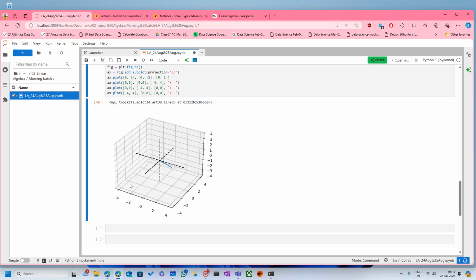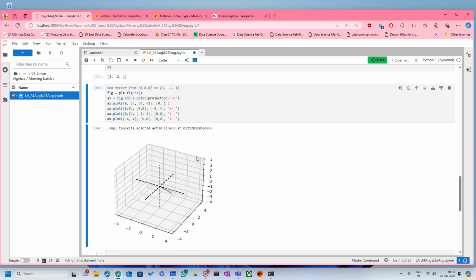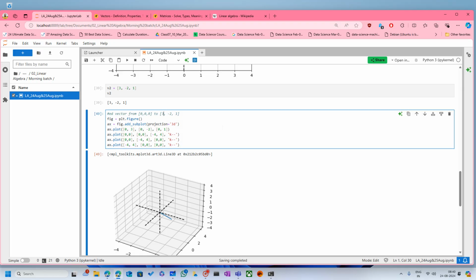I wish it was interactive. Maybe let's just do one thing. Let's plot some other vector where we can see a much higher difference. Instead of, let's just say, 4 minus 3 comma 4, I will change the values.